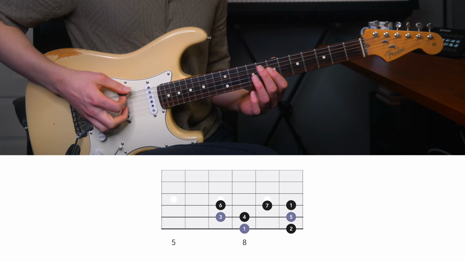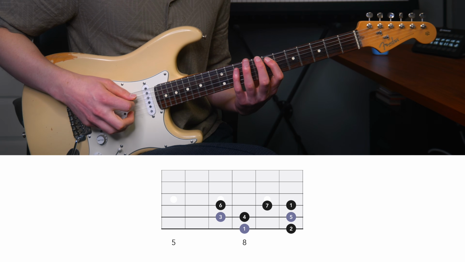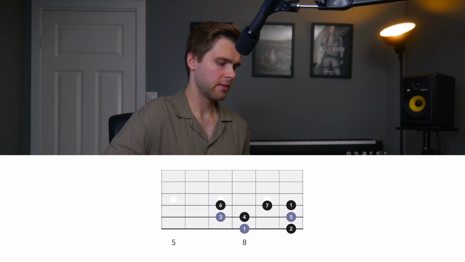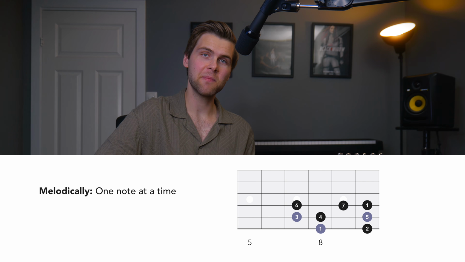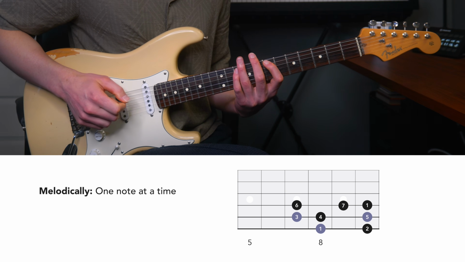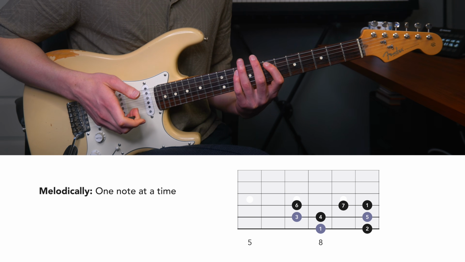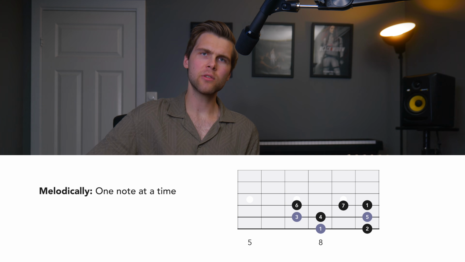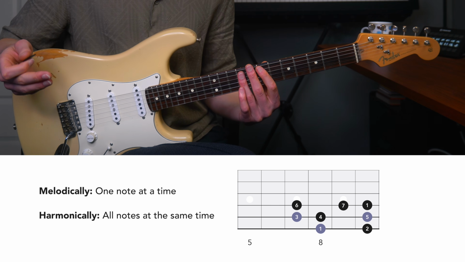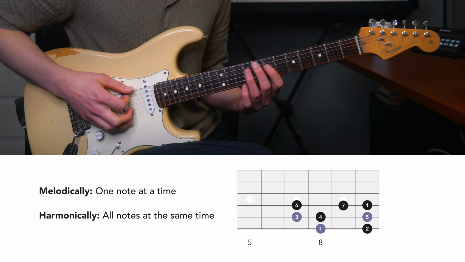The next important thing to understand is that we can play a triad in 2 different ways. If you go back to the C major triad again, now I just played it melodically, and that means I play 1 note at a time. It's like a melody. But we can also play it harmonically, which means we play the triad like a chord. So all notes at the same time, but that's going to be hard with this fingering.